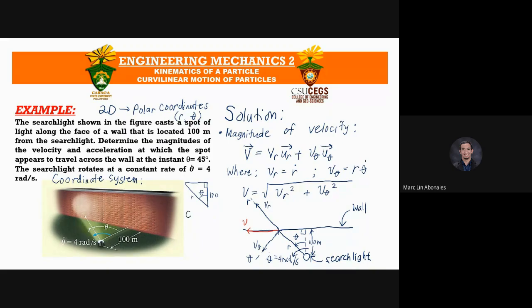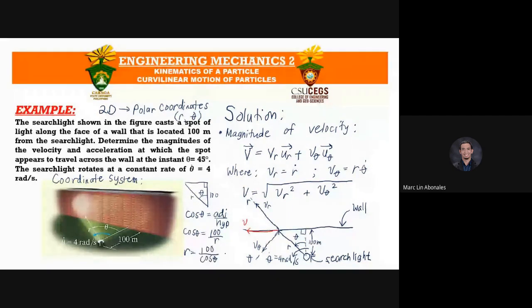That is cosine theta, or cosine angle, adjacent over the hypotenuse. So that would be cosine theta equals the adjacent, which is 100, over the hypotenuse, which is r. So our r would be 100 over the cosine theta.